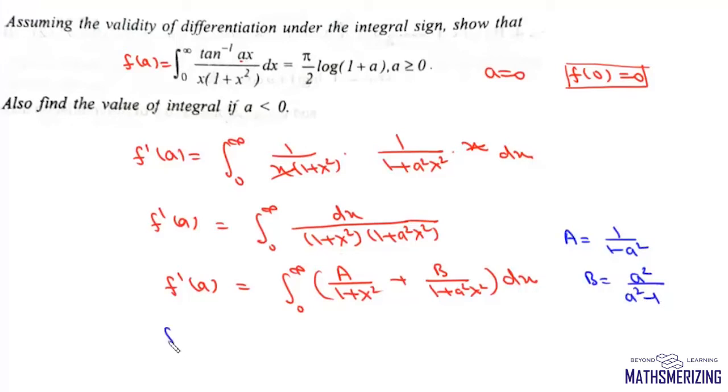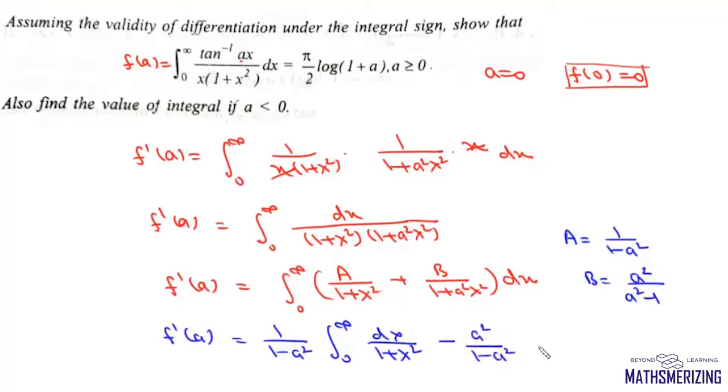So we can write this function f dash a as this integral: 1 upon 1 minus a square from 0 to infinite dx upon 1 plus x square, and then minus a square upon 1 minus a square, 0 to infinite dx upon 1 plus a square x square.